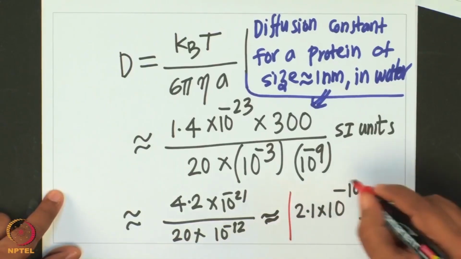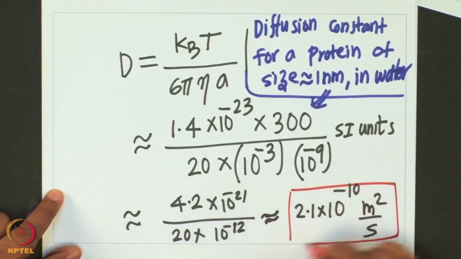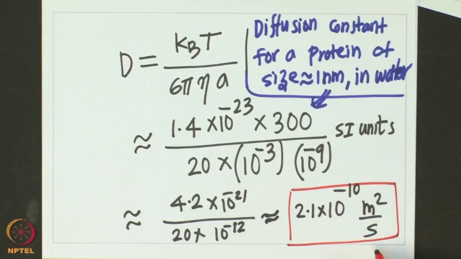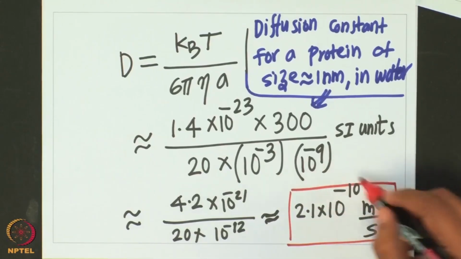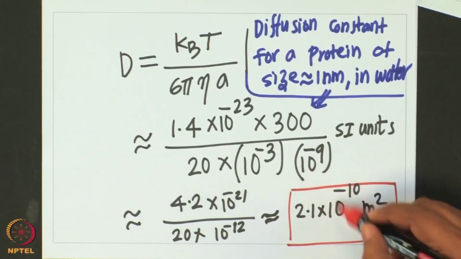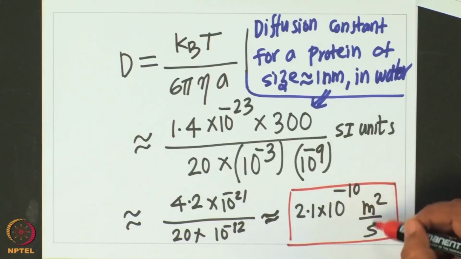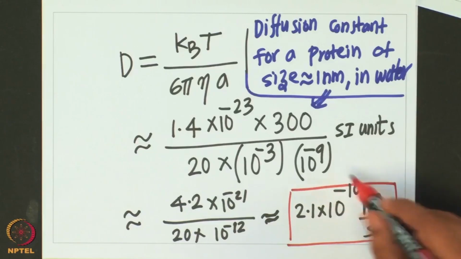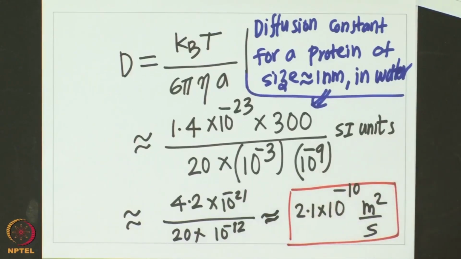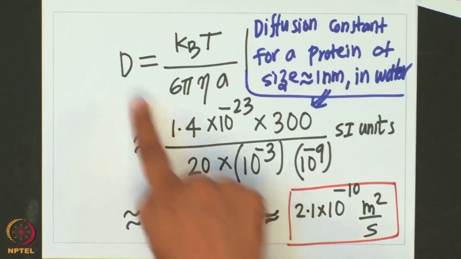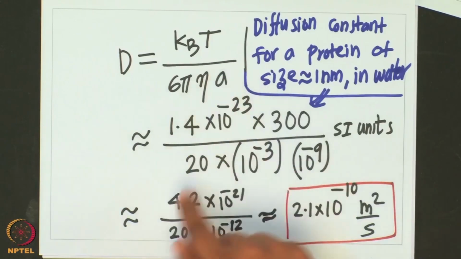So this would be the typical diffusion constant for a protein of the order of 1 nanometer. 2 into 10 power minus 10 meter square per second is the approximate diffusion constant for a particle of size 1 nanometer. We now know how to calculate the diffusion constant for any protein.